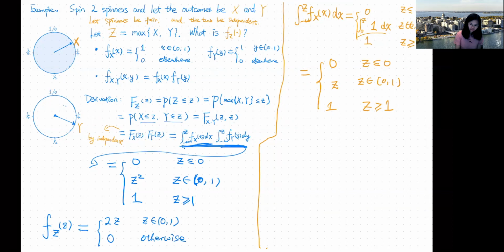So that is the probability density function for the maximum of the two outcomes from the spinners. So here we have used independence, and this is one of the ways independence can be very useful in our derivation.